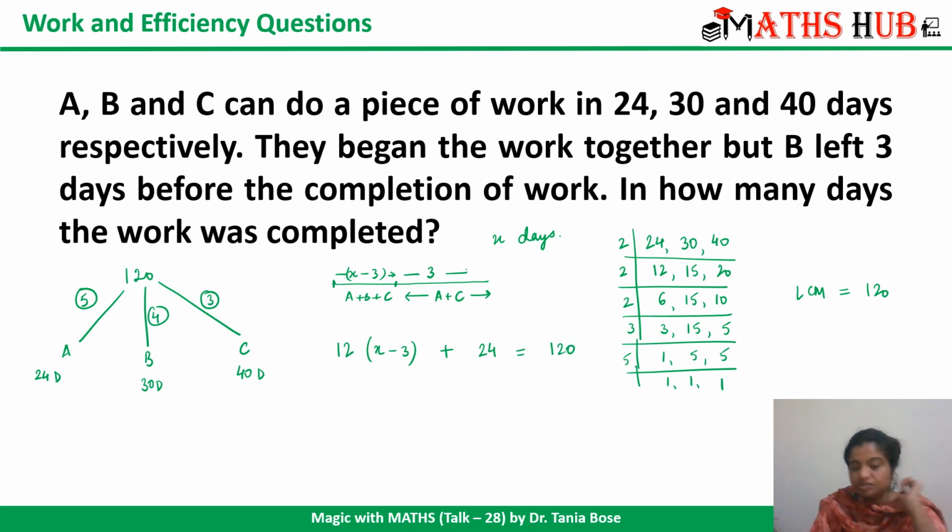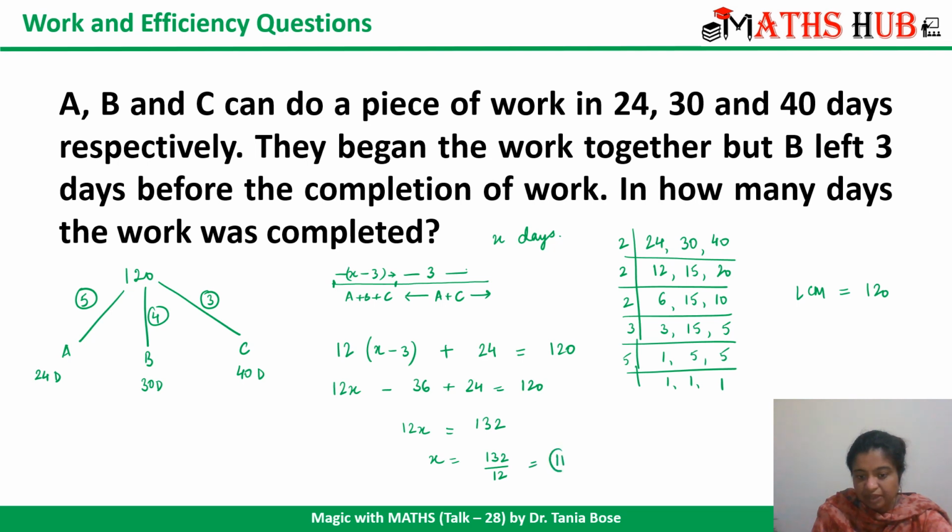The total part is 120. So from here we get 12x minus 12 threes are 36 plus 24 is equal to 120. So 12x minus 36 plus 24 is minus 12. Minus 12 goes to that side and it becomes 132. And we have x equal to 132 divided by 12. That comes out to be 11.